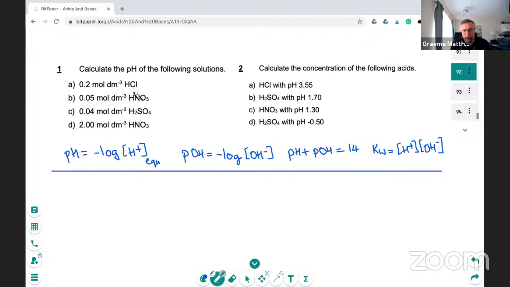what I wanted to do is I did pull these off a worksheet. Nothing special about them. I wanted to do a monoprotic and a diprotic acid. So a quick review: a monoprotic acid, and we touched on this last time, HCl is an example of a monoprotic acid.